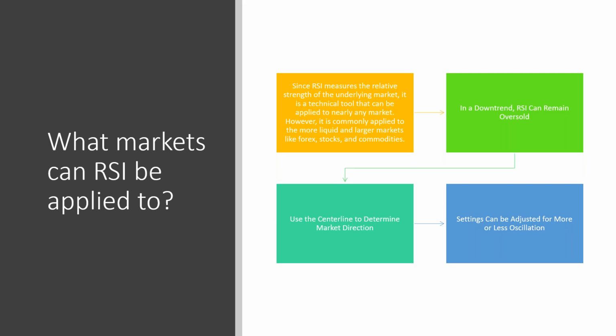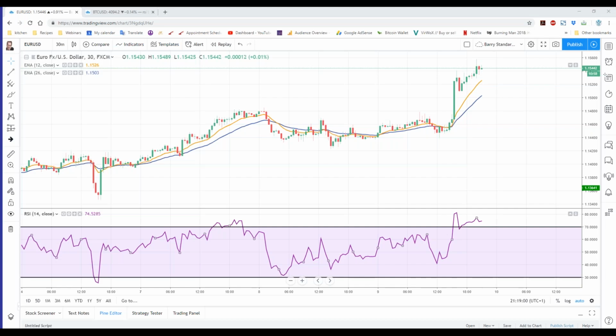Now, when we look at RSI, even though the center line isn't marked and it doesn't have any real value, this 50 line is a significant point. When we see RSI falling down to this 50 line, we should see prices decreasing.